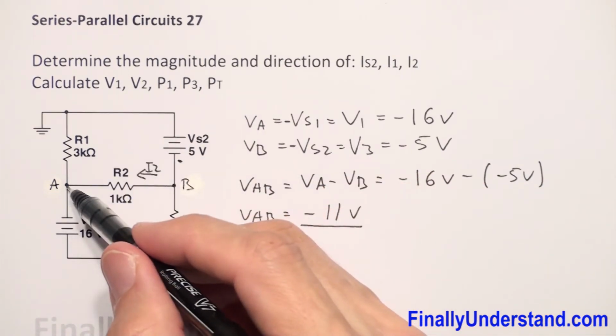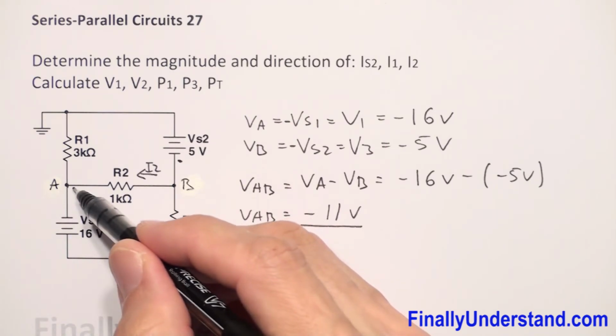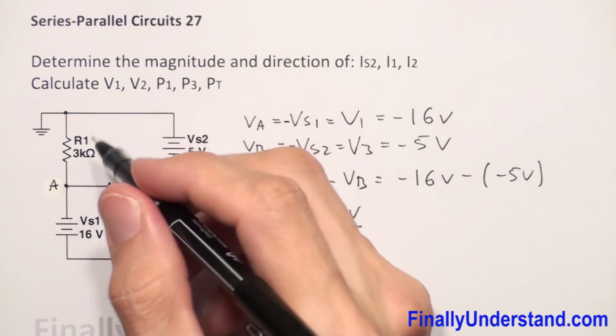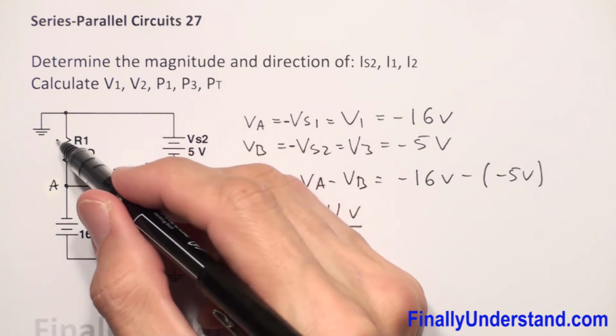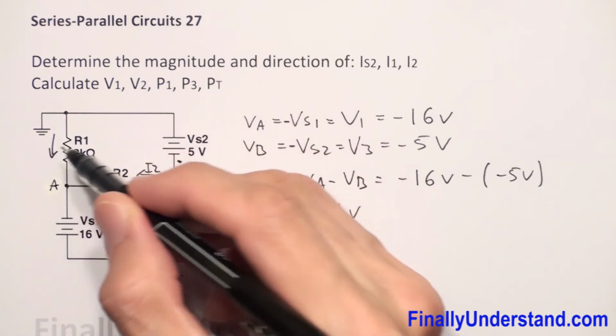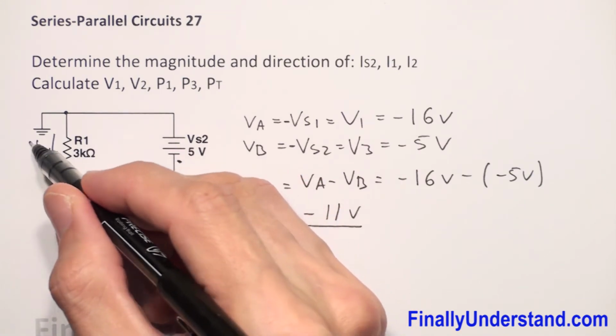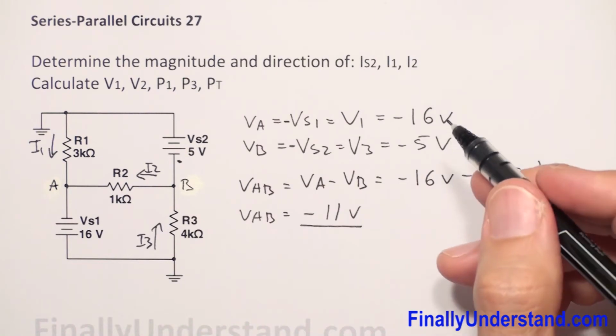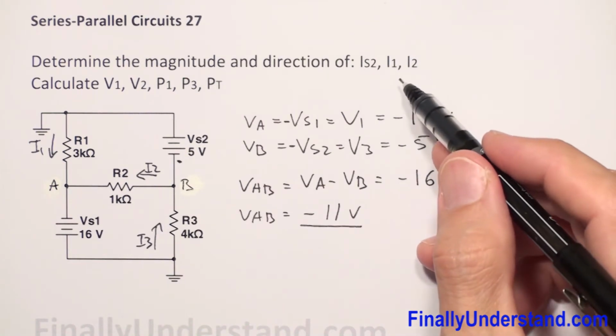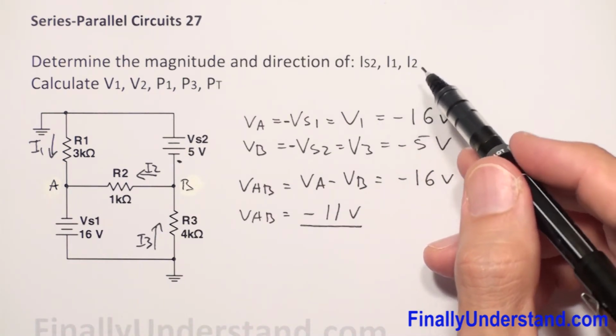At this point I have negative 16, and negative 16 is less than 0, that's why this current is going to go this way. This is my I1.